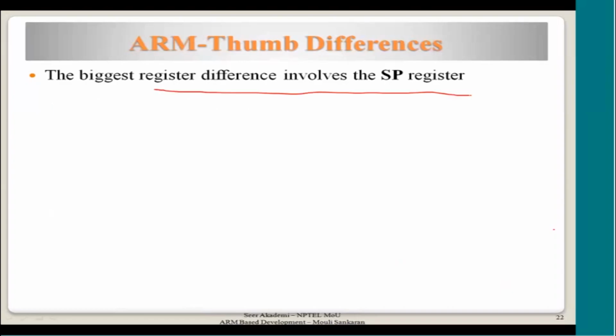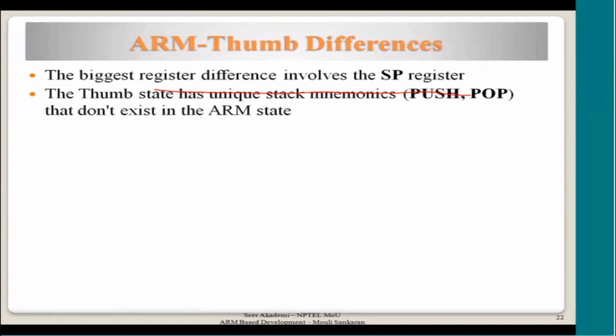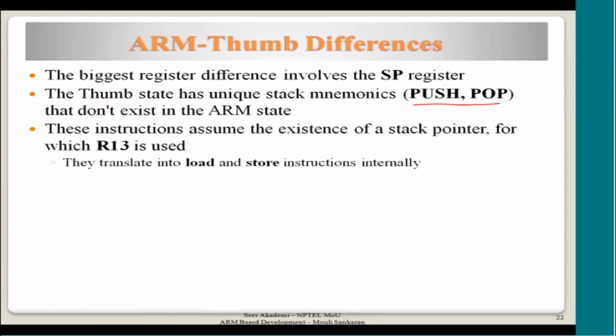Now the biggest register difference involves the SP register, the stack pointer. PUSH and POP are the 2 instructions supported in thumb state, and by default they use R13 as the base register. Internally they convert into ARM instructions with load and store, LDM or STM, or LDR and STR, but when you say push or pop, they assume R13.